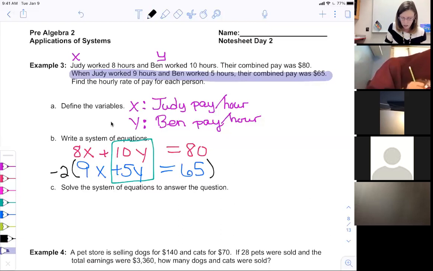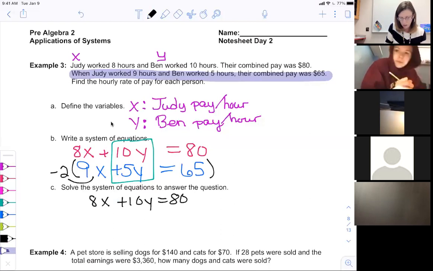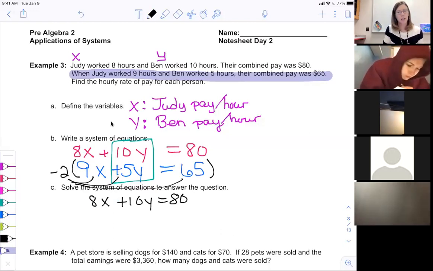So the first equation stays the same. And then the second equation, we're going to multiply everything by -2. So -18, -10, and -130.